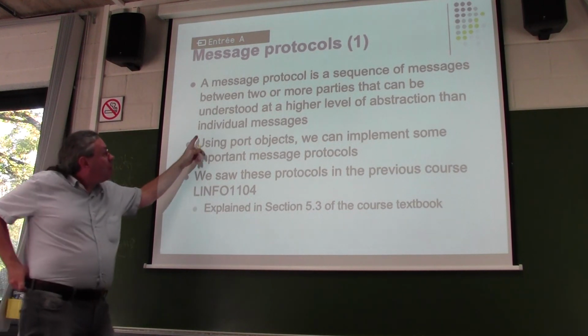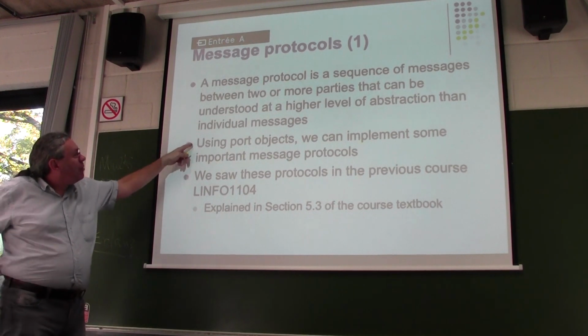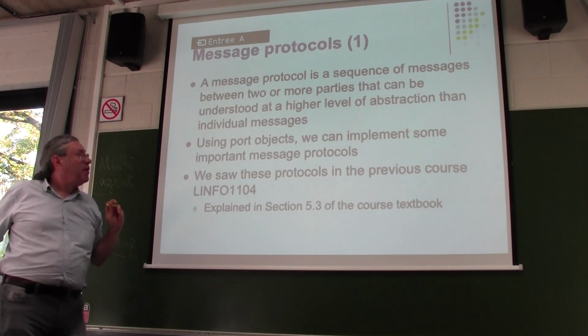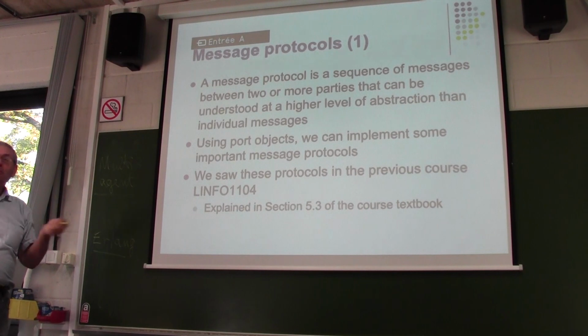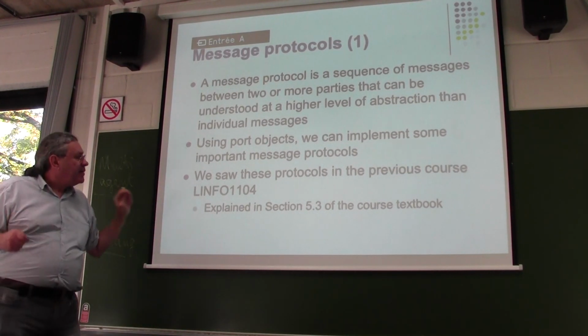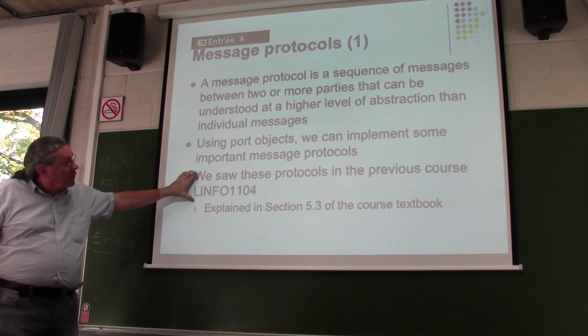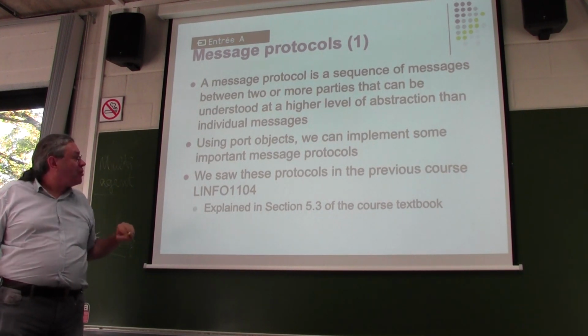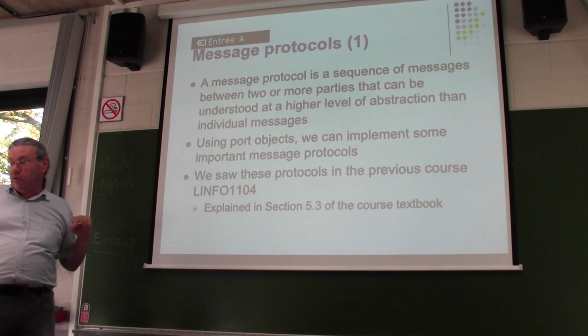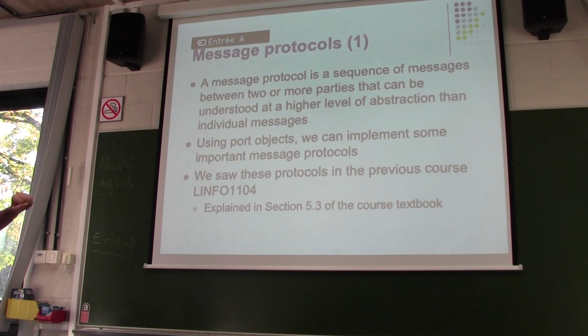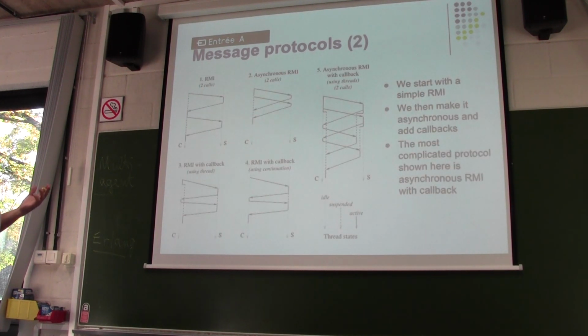Okay, so that's a message protocol. And using port objects, we can implement message protocols. And when we do multi-agent, we're going to do, of course, lots of message protocols. This is in the previous course, so I'm not going to really refresh all the protocols we saw before. I just want to refresh a little bit your memory.